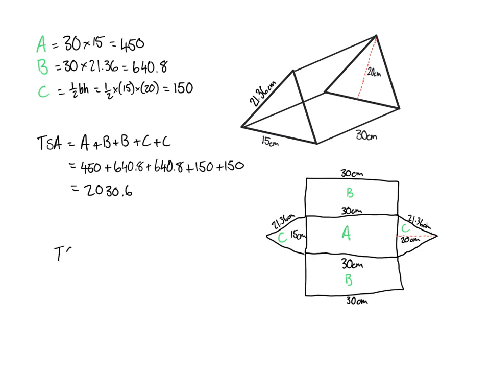So the total surface area of this particular prism is 2,031.6 centimetres squared. We know it's centimetres because all of the measurements that we've been given are in centimetres, and we know it's a squared measurement because we're talking about the area of a flat object.